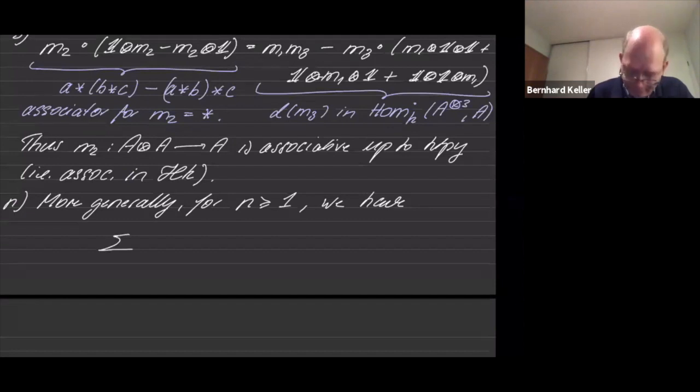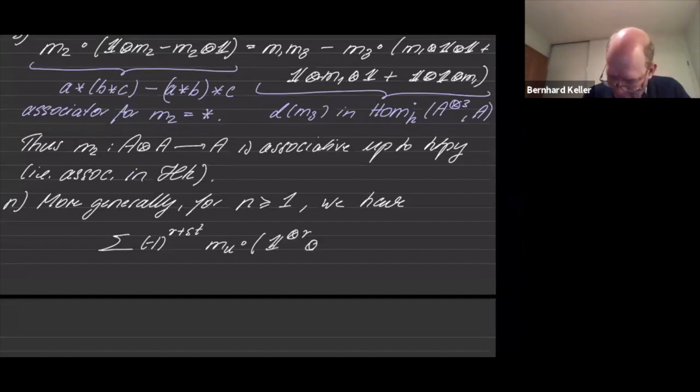The sum of (-1) to the r plus s times t of mu composed with 1 tensor power r, tensor Ms, tensor 1 tensor power t vanishes, where we sum over all reasonable possibilities.